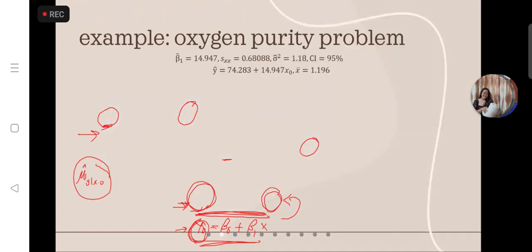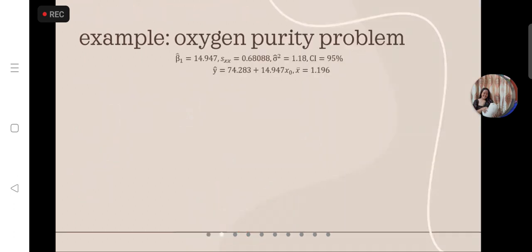So let's apply it. Let's predict the new observation if our x is still 1. x0 is still 1. Our t value is still 2.101. Our x bar is 1.196. This is our regression model. So we already stated in the previous example that y hat, if x is 1, is 89.23.